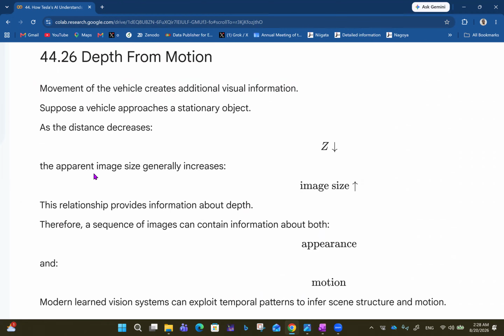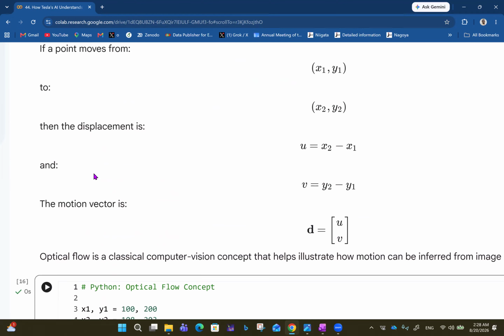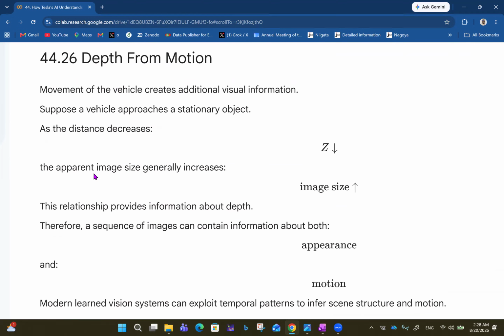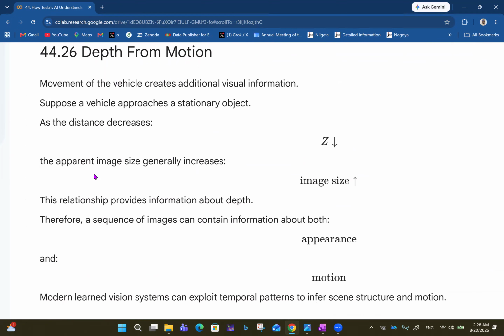So the apparent image size generally increases. As you get closer, the image increases. So this relationship provides information about depth. Therefore, a sequence of images can contain information about both appearance and motion.